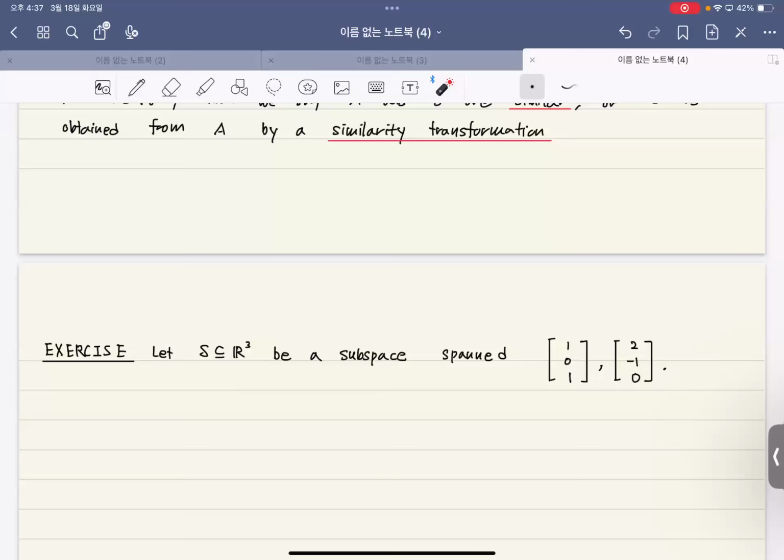Now I want to define a linear transformation from R3 to R3.